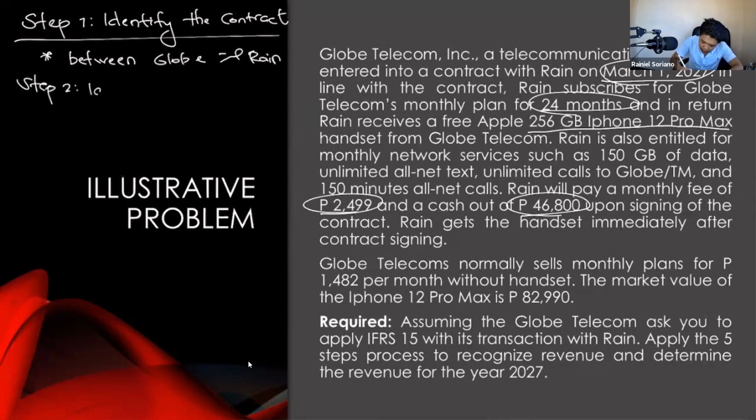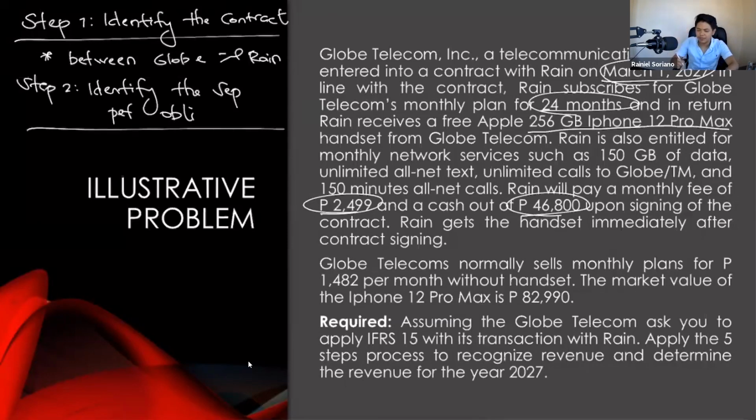Step number 2 is to identify the separate performance obligations. Well, here we have 2 separate performance obligations. Ano yung number 1? PO number 1 will be the handset, that is the iPhone 12 Pro Max. Then performance obligation number 2 will be the network service. Network service, yan yung free data, call and text, etc.